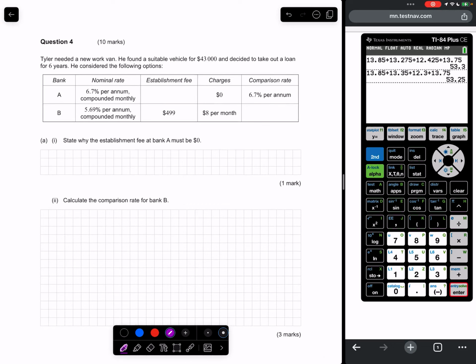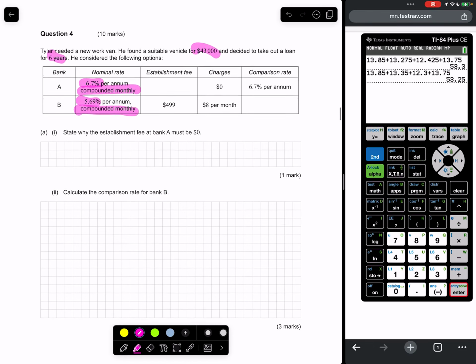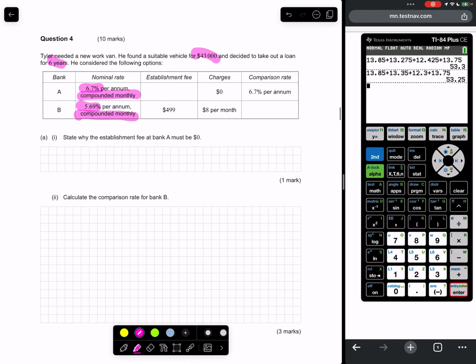Question 4. Tyler needs a new work van. He found a suitable vehicle for $43,000. He decided to take out a loan for 6 years and considered the following options: 6.7 compounded monthly, 5.6 compounded monthly. Okay, this is a comparison rate or effective interest rate of loans question.